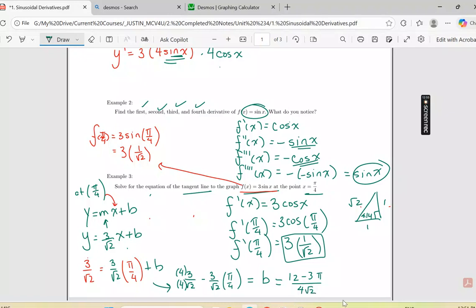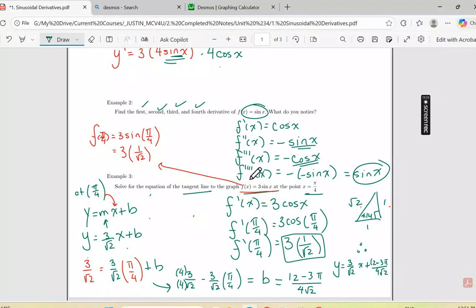And that being our b value, therefore the equation of the tangent is y equals 3 over root 2 x plus 12 minus 3 pi over 4 root 2.